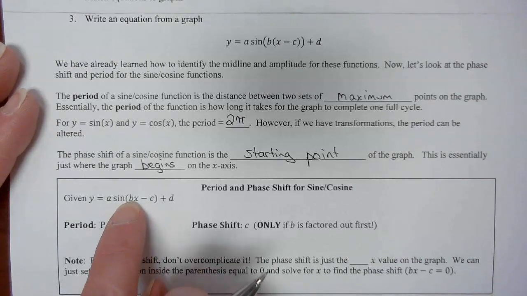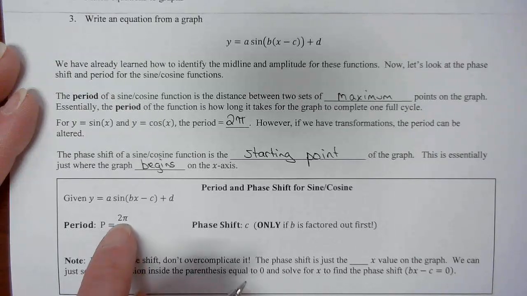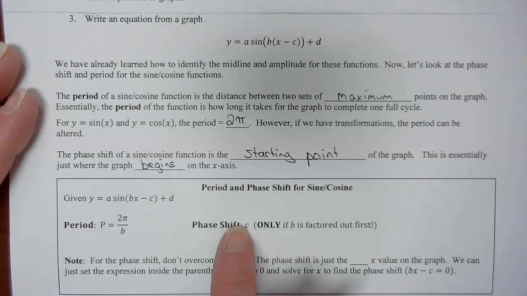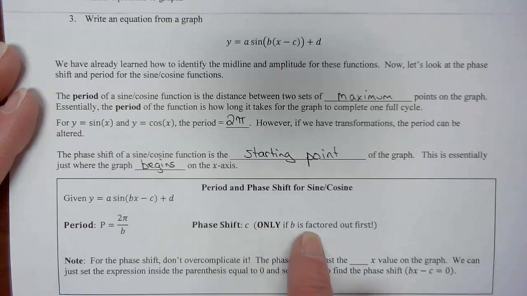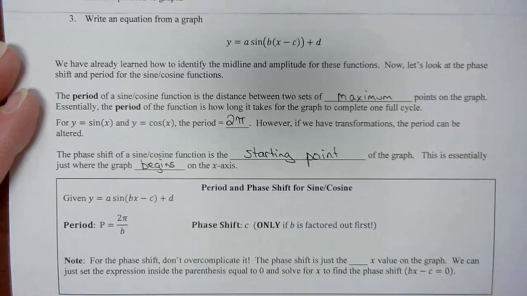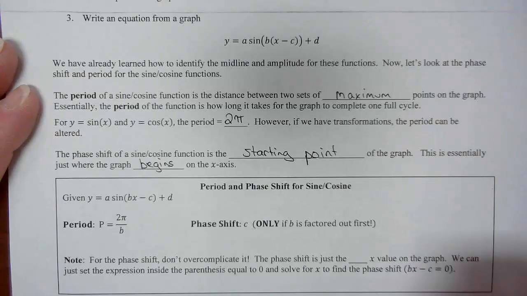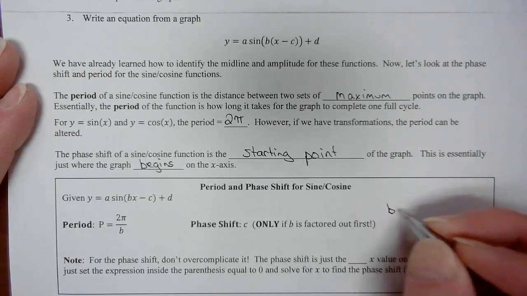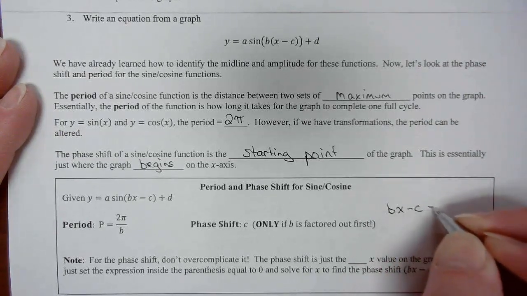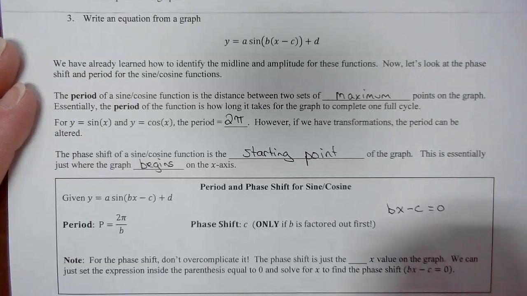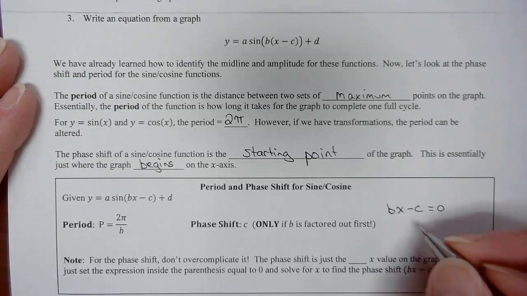So whatever number's in front of the x, we're doing the opposite, so we're dividing by it, so our new period is going to be 2 pi over b. The phase shift, now it says it's c, but we have to be careful, that's only if b is factored out first. Easiest way to find the phase shift is to take whatever's in the parentheses and set it equal to 0. If you do that every time, you will find your phase shift.